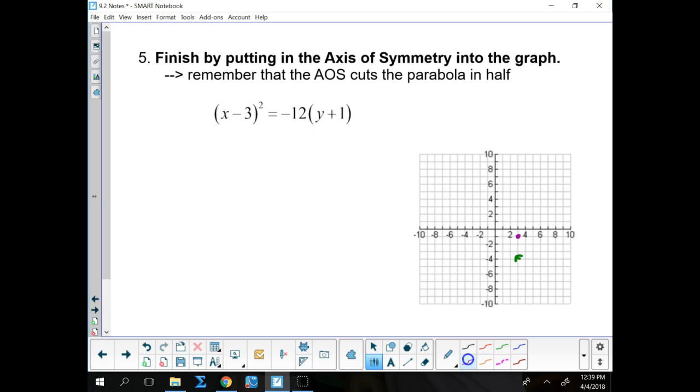Here is our directrix. Our parabola was 12 wide: 1, 2, 3, 4, 5, and 6.